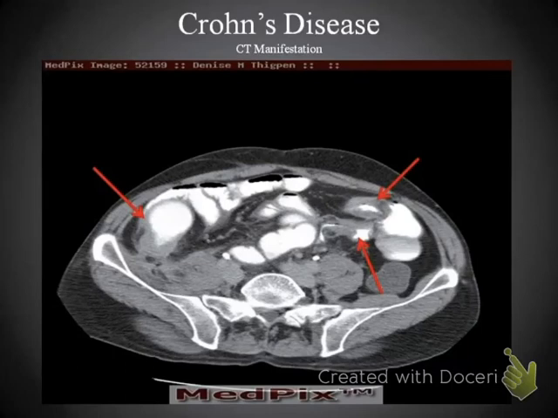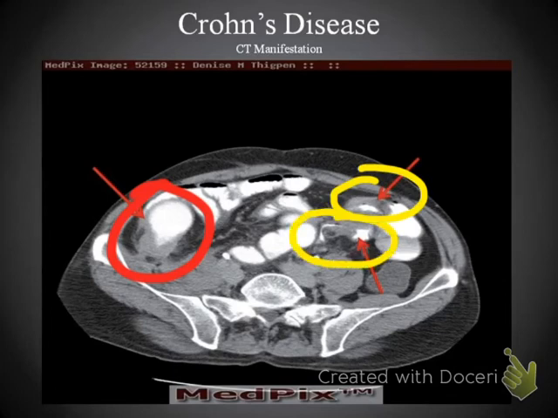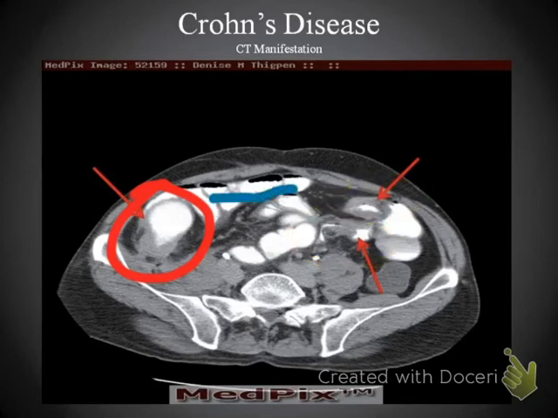Here's another portion. We have thickening here, here. Let me erase that. Kind of here, here. And so we have 3 points of thickening. So keep that in your frame of reference. And then we have normal portions of bowel here.